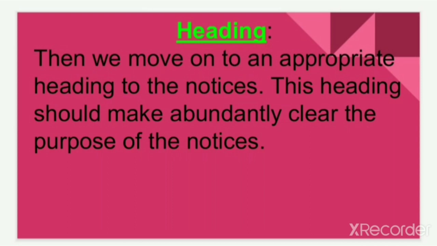Children, after the date, we have to write a heading. Then we move on to an appropriate heading for the notice. These headings should make abundantly clear the purpose of the notice. So when we see the heading of that notice, the readers can catch clearly what the information is.